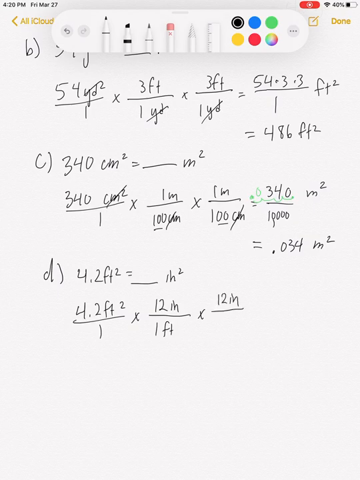So I'm going to multiply by another conversion factor of 12 inches and 1 foot. Those two cancel with that one. And I'm left with the numerator 4.2 times 12 times 12 over 1. And then inches squared is what I have left over here, from this inches and this inches.